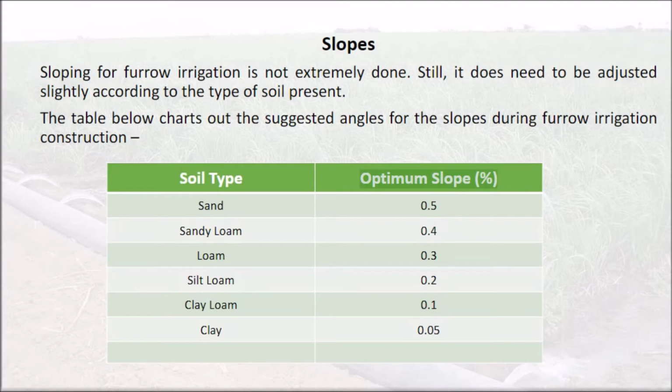Optimum slope, %. Sand, 0.5. Sandy loam, 0.4. Loam, 0.3. Silt loam, 0.2. Clay loam, 0.1. Clay, 0.05.